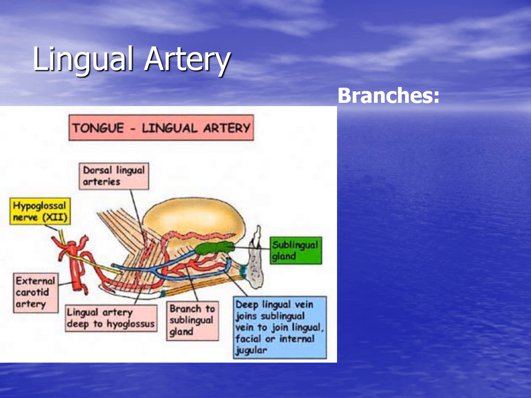What are the branches of the lingual artery? From each part of the lingual artery, there is a branch. From the first part, there is a small branch which passes above the hyoid bone, and this is called the suprahyoid branch, and it lies superficial to the hyoglossus muscle.